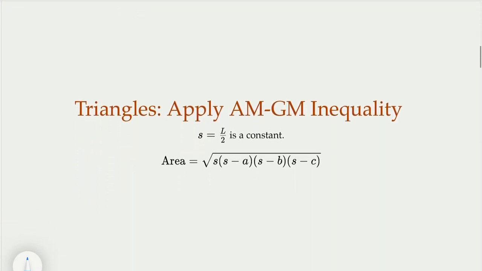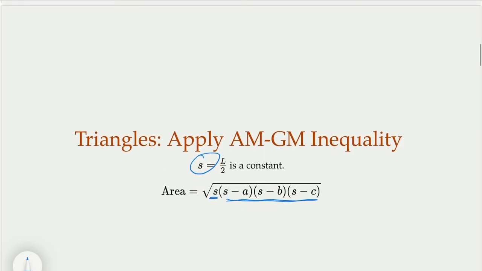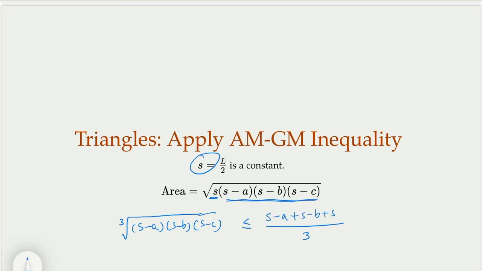So we notice that S is constant, so the only variable term is the three terms here. If you apply AM-GM, we have three numbers, so the cube root of (S minus A)(S minus B)(S minus C) is less than or equal to the arithmetic mean, which is (S minus A plus S minus B plus S minus C) over 3.